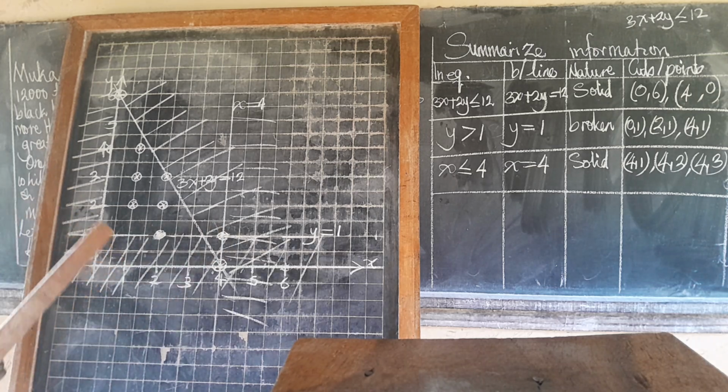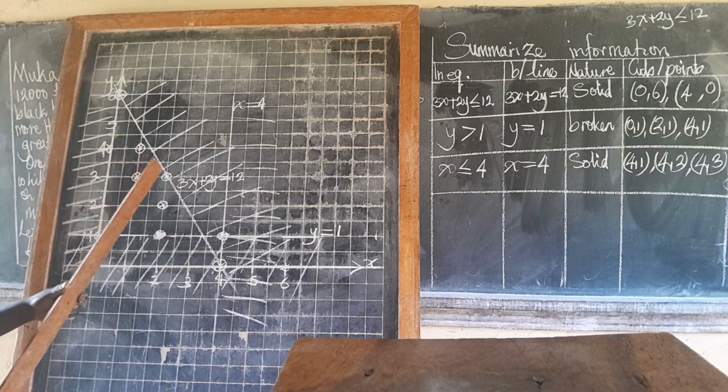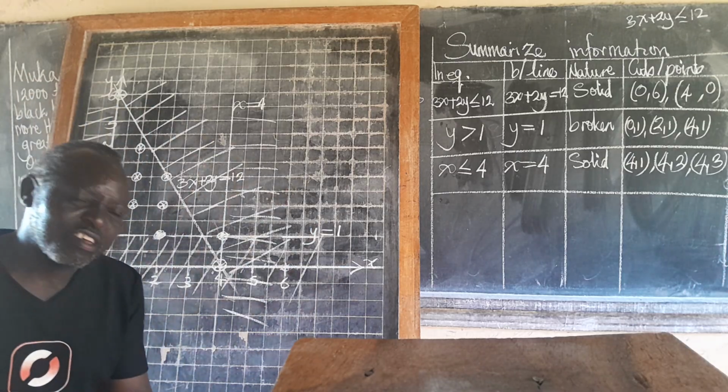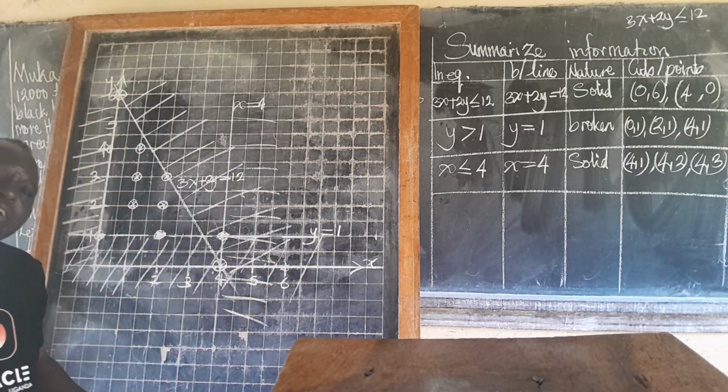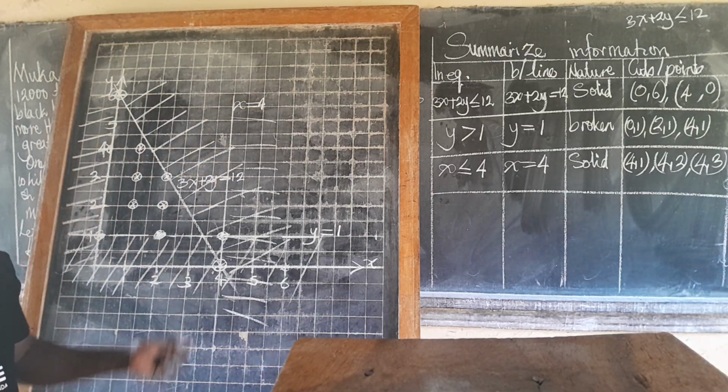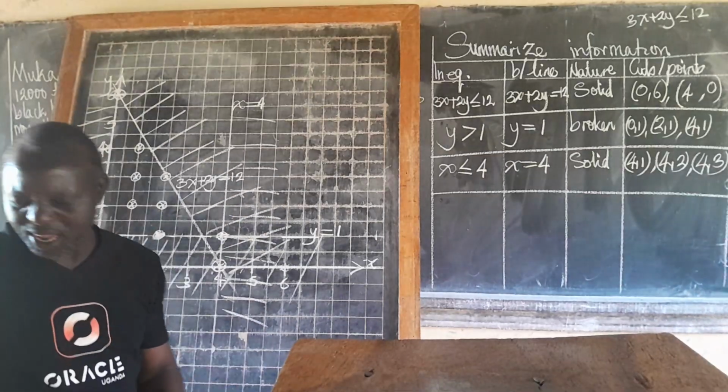Now the points we have: this point, this point, this point, this point, this point. Remember, we've been asked to determine the least amount of money he can use or the greatest amount of money he can use.